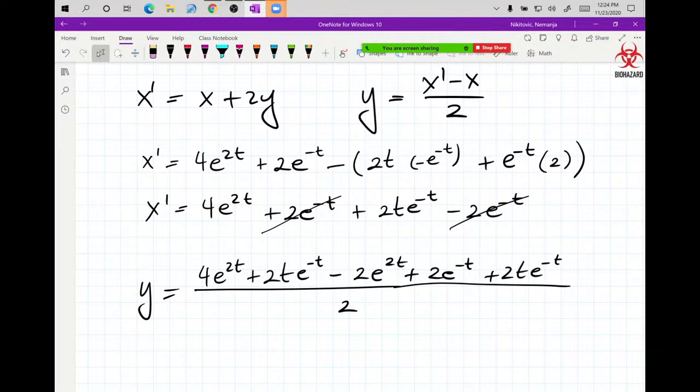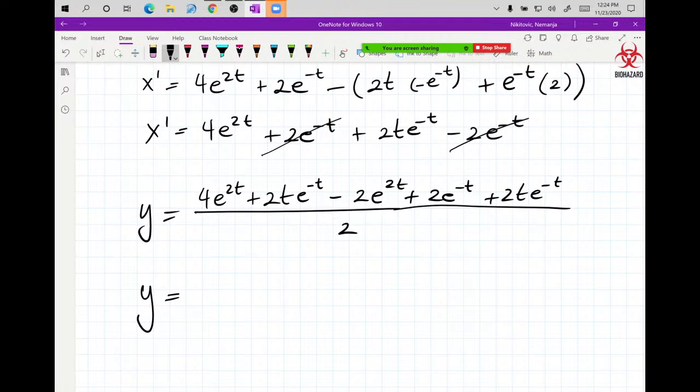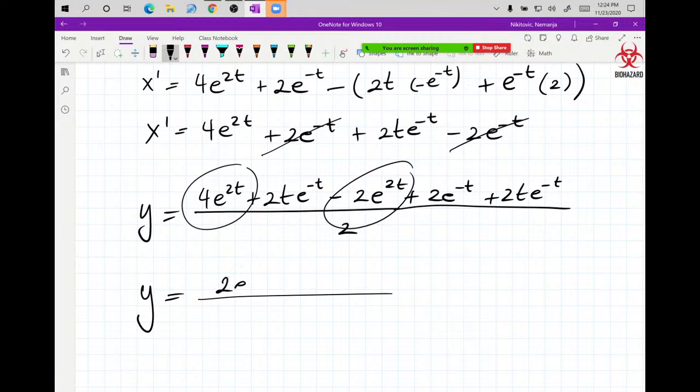What cancels here? y is equal to, so we have 2e to the 2t. This one has no one to merge with, and the other one is plus 4te to the negative t, sorry. Negative t, there we go. And divide by 2 now, you got your y of t.